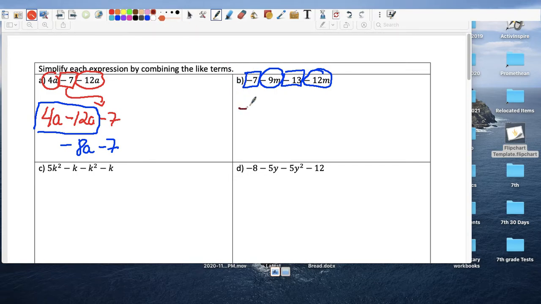So I get negative 9m and minus 12m side by side. And then just to really show you, I'm going to put negative 7 and minus 13 side by side. Okay, so let's do this, and then you'll know that you get negative 21m, don't forget the m, and then negative 7 minus 13 is, and that's your answer, negative 21m minus 20.